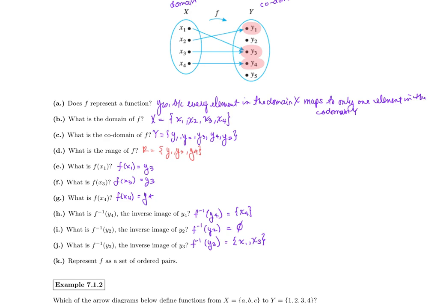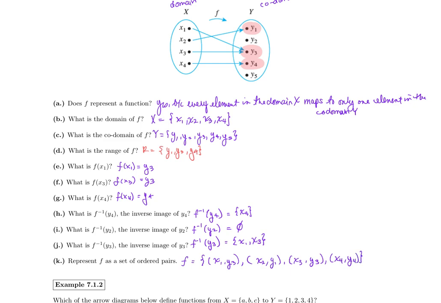And lastly, I asked for you to represent the function f as a set of ordered pairs. Well, in that case, f would equal a set of ordered pairs where x1 maps to y3, comma, x2 maps to y1, comma, x3 maps to y3, comma, and x4 maps to y4.